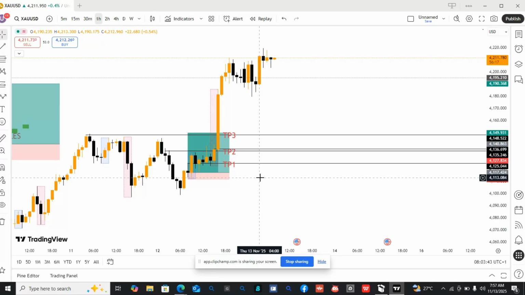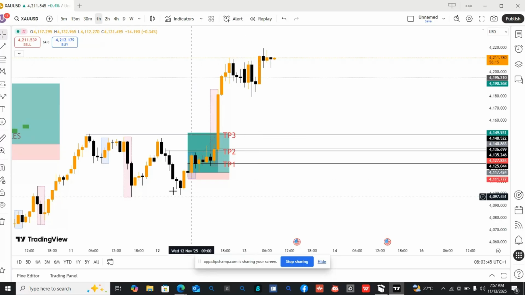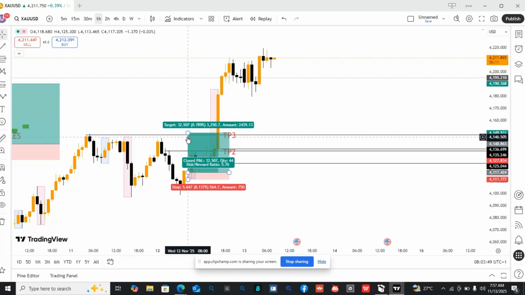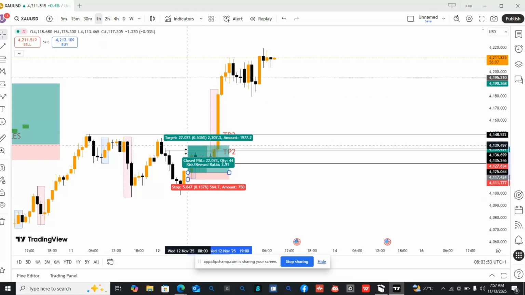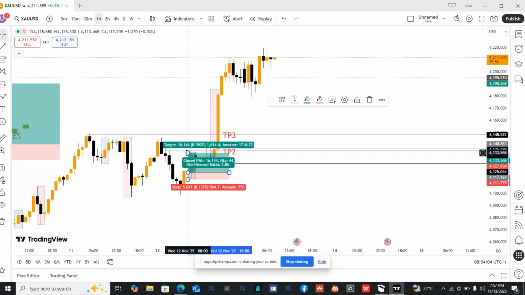So price moved. This was my entry. TP3 was my final take profit. Price moved to TP1 and hit TP1. After hitting TP1, I closed the first position and moved the remaining position to break even.